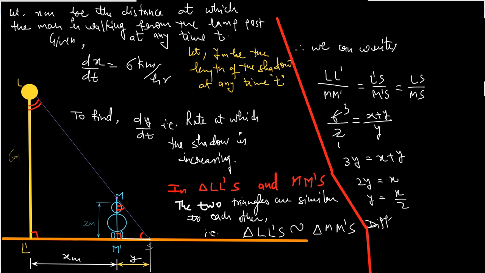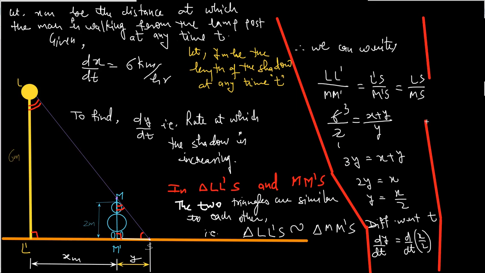I write here differentiating with respect to X. Sorry, with respect to T. So I get d by dt of y equals to d by dt of X by 2. So how much do I get? I get here dy by dt equals to 1 upon 2 dx by dt.